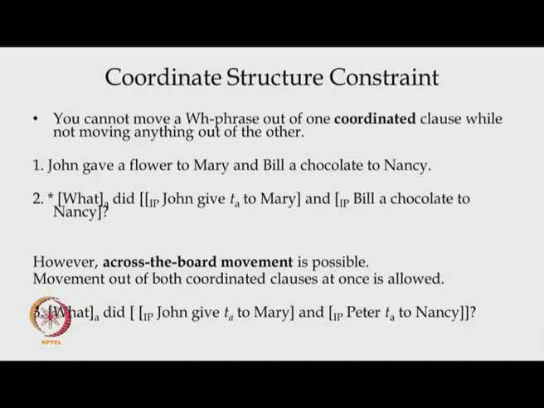We are trying to show that this is the trace, from here something has moved out, and therefore the question word what is co-indexed with this trace, and question word what is also co-indexed with the trace in the other sentence. That is what we are trying to show with this trace and the index. All right? I am really sorry, I should have talked about that notation.